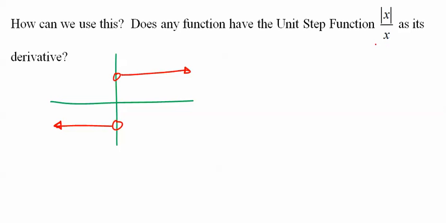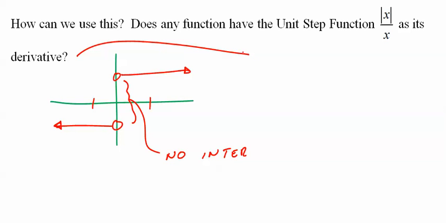Put in 1, we get out 1. Put in -1, we get out -1. And no, choose any a between -1 and 1. And we would say, oh, look, we don't get all of these values in here. And that's what the intermediate value theorem says. We'll have all those intermediate values, but we don't get them here. So no function has the unit step function as its derivative.